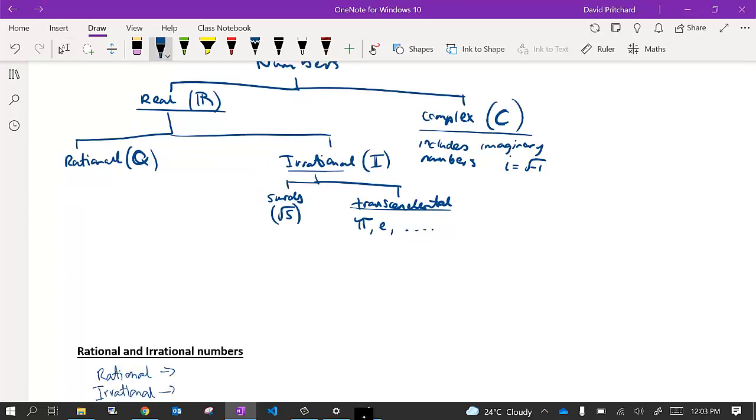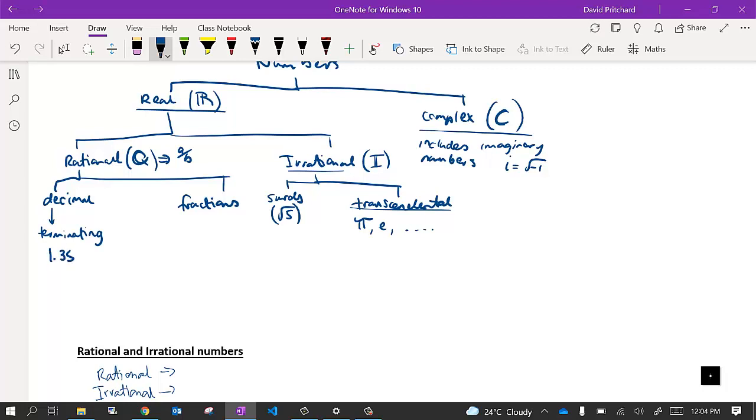With rational numbers, we can break them down into decimals and fractions. Reality is that rational numbers are numbers that can be put in the form a on b. So all the decimal forms that we're looking at here are decimals that can be converted into fractions. So basically we're looking at terminating decimals, and that is something along the lines of, let's say, 1.35.